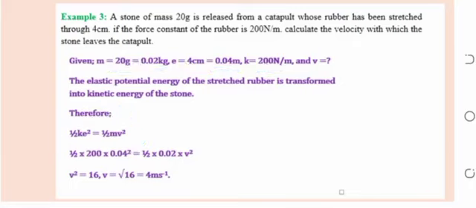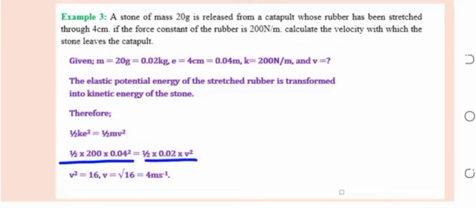Because here we are experiencing what we call energy transformation, substituting all our values into the two equations, we have half multiplied by 200 multiplied by 0.04 squared, which is equal to half multiplied by 0.02 multiplied by v squared.